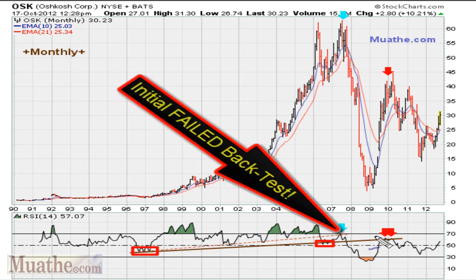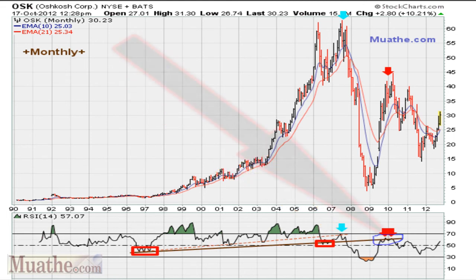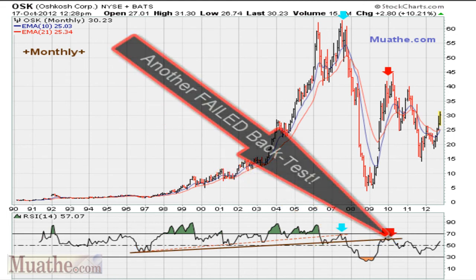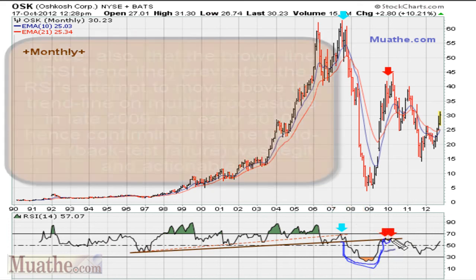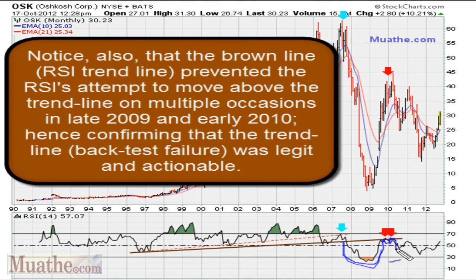There was a double top that was recorded on the RSI there. And that double top was a failed back test again, in the sense that once this line was broken here, we went down, hit that line, could not move above that, and rolled over. That was another sell signal.